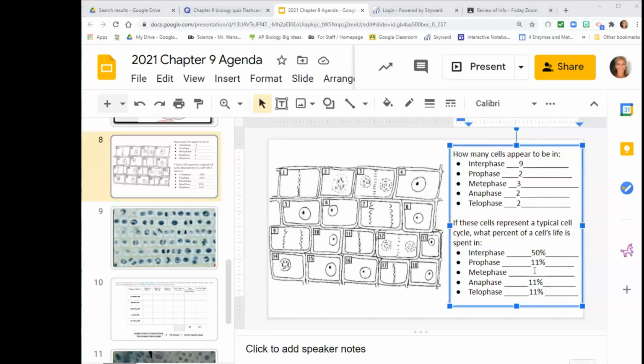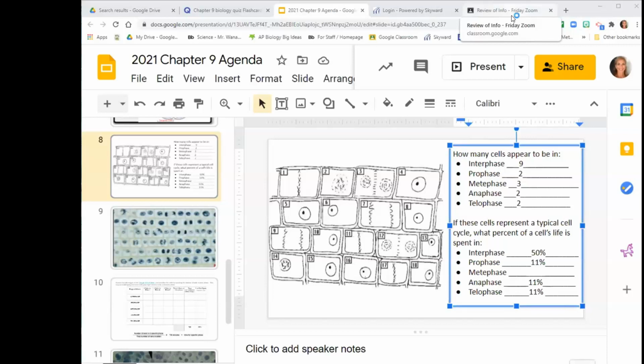Sophia, can you tell me what percent of the life cycle the cell spends in metaphase? Yeah, hold on. I think I got about roughly 25. Maybe a little less.